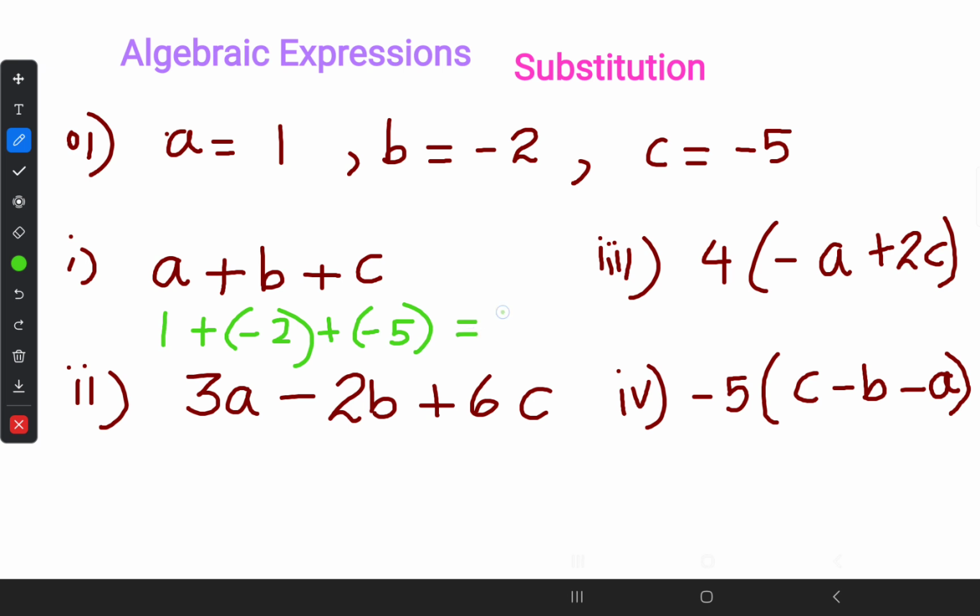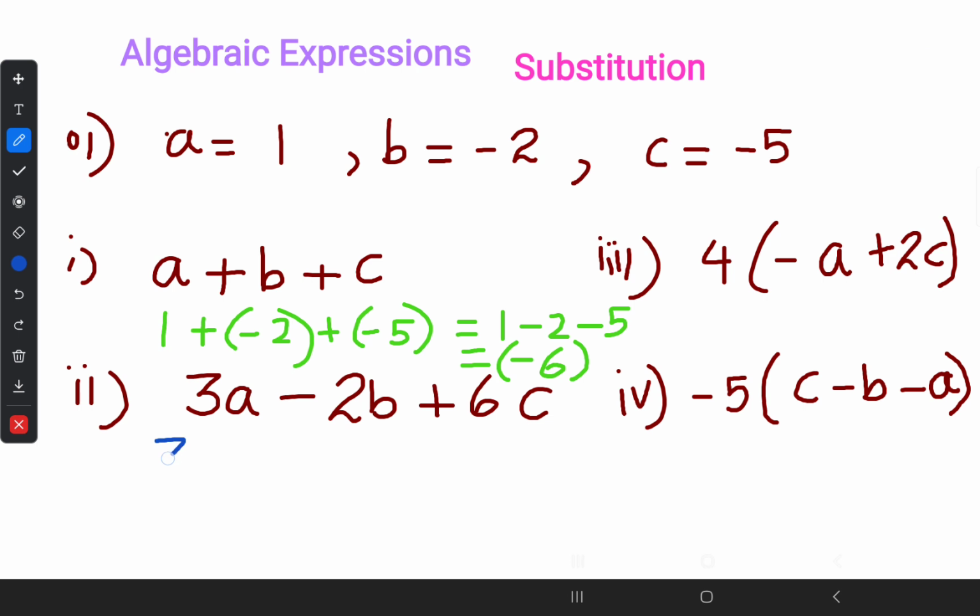Positive into negative, this is a directional expansion. Positive multiplied with negative, it's negative 2. Positive multiplied with negative, again it's negative 5. So it would be finally negative 6. For your final answer, if it's negative, better to keep it inside a pair of brackets.